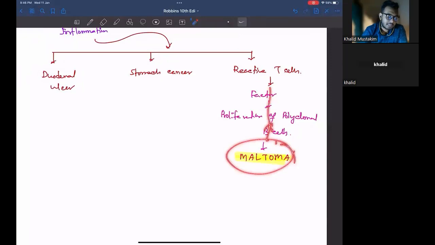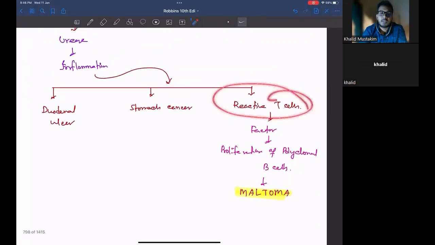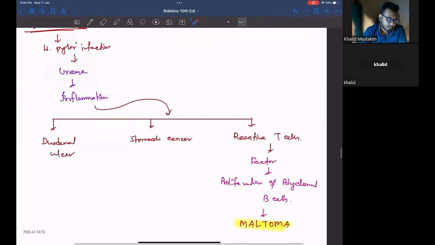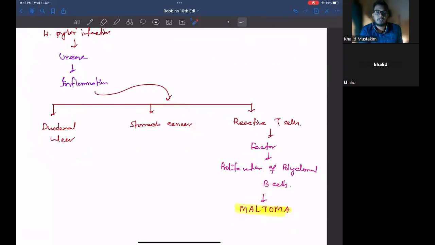Because reactive T cells secrete some factors, and it causes proliferation of the polyclonal B cells. Why will reactive T cells come here? Because there is inflammation caused by the urease enzyme and its metabolites, CagA and VacA, and this urease is secreted by the H. pylori bacteria. So ultimately, in case of type B chronic gastritis, the patient may develop 3 things: duodenal ulcer, stomach cancer, and MALToma. So we have already discussed chronic gastritis.